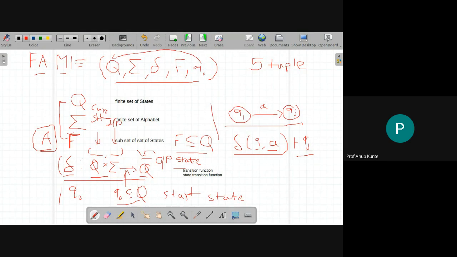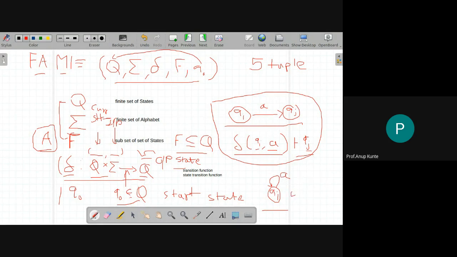Now, if this transition is a self transition, that is, I'm not changing the state on a specific input, it will be denoted graphically like this. I will be in state Qi. On say input A, I am still remaining in state Qi. This is how I graphically show a self loop or a self jump, I should say. So from Qi, I am reaching Qi on input A. This is what it indicates.